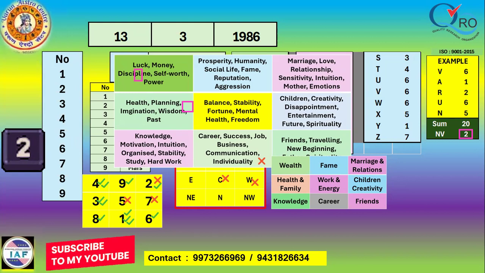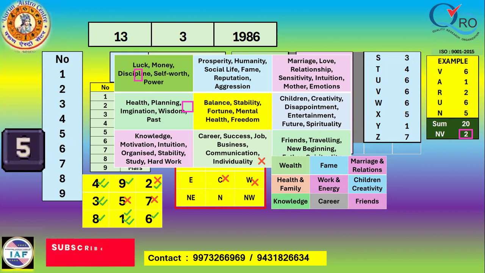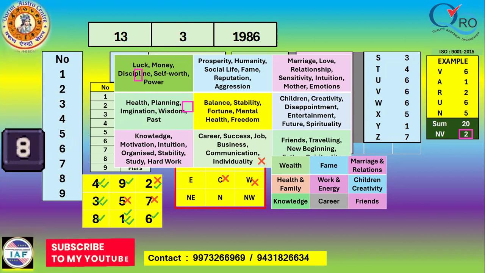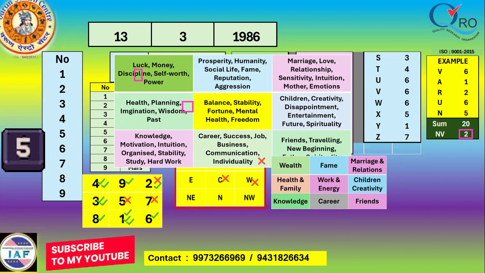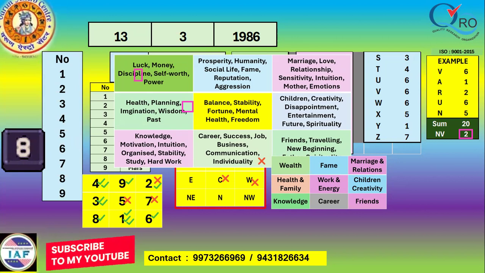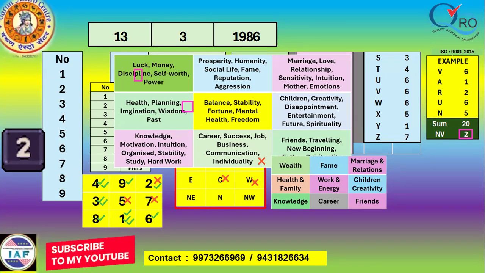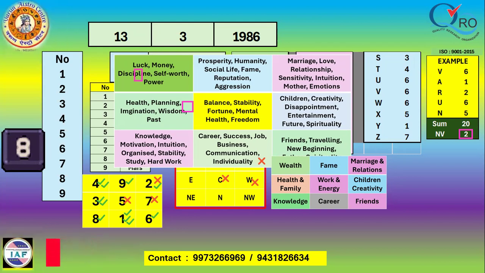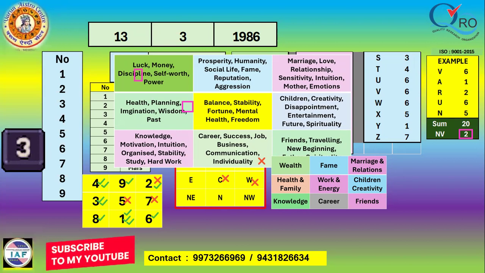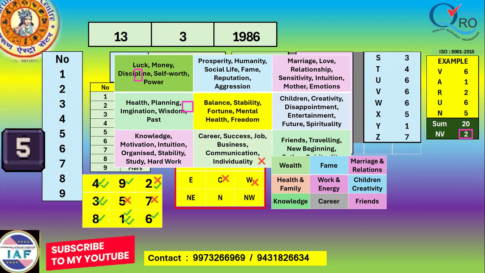There may be so many obstacles in the native's spirit. Simultaneously, 2 is missing: marriage, love, relationship, intuition, emotions, etc. 7 is missing: creativity, too much disappointment, may not enjoy entertainment, and is always concerned for the future.